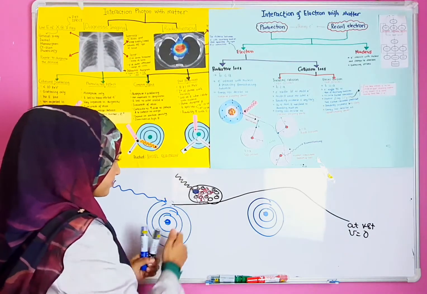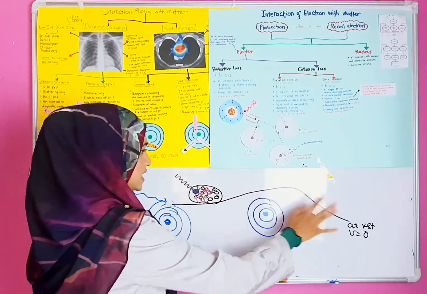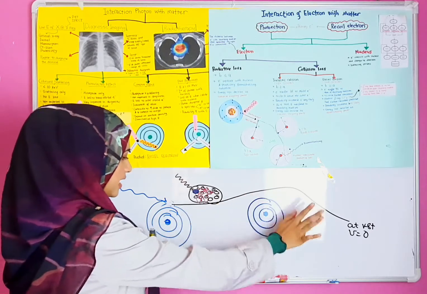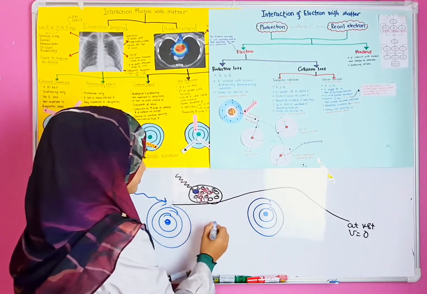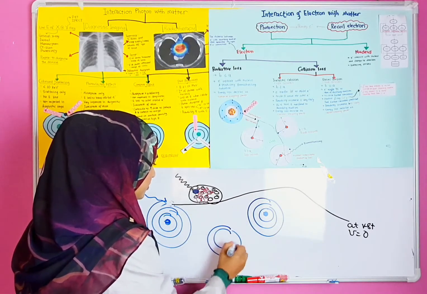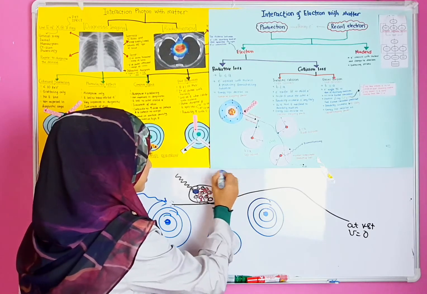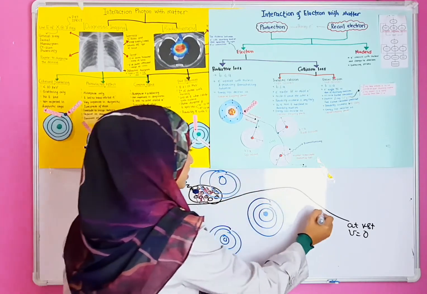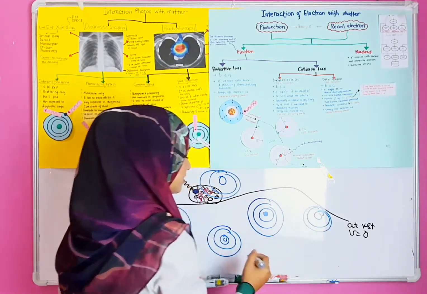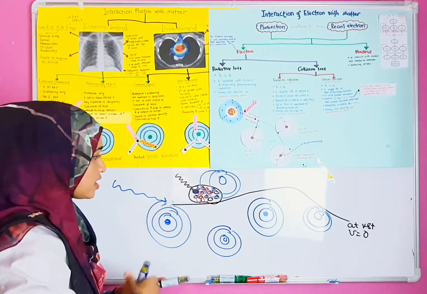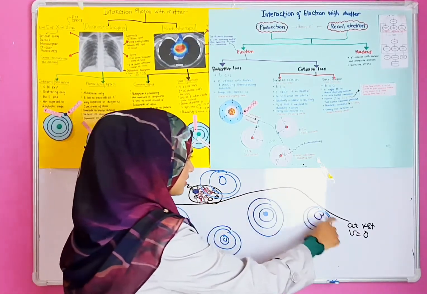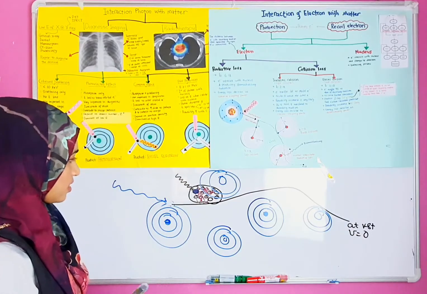During the travel, the electron travels a certain length, so it will meet other atoms during the interaction. There are a lot of atoms within the tissue, so it keeps on interacting until it comes to rest.